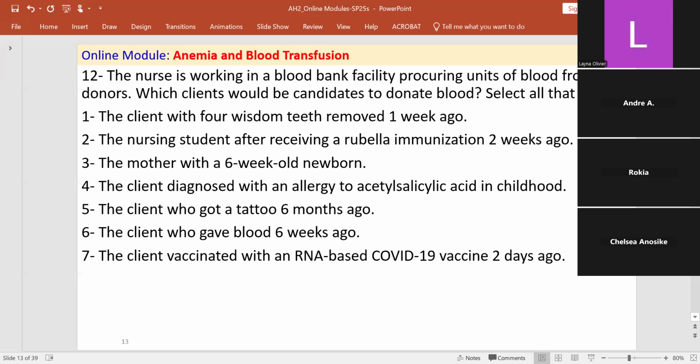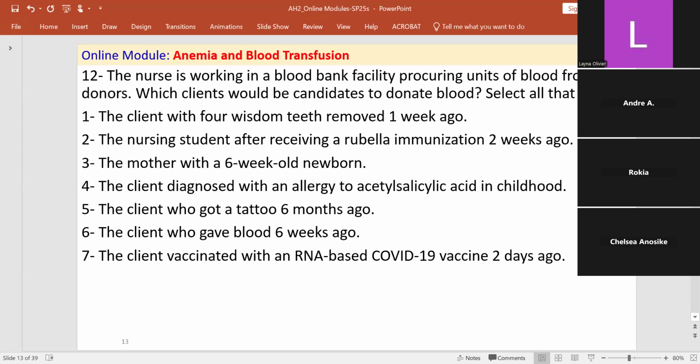Six months is fine, unless it's dictated by state regulations. For us it's 3 months, so beyond 3 months, yes, they can.